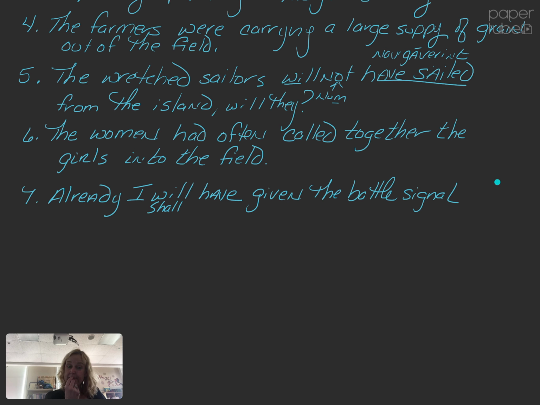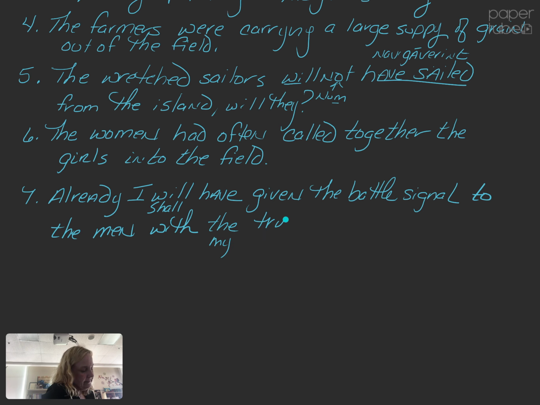I need a dative, indirect object. So I have 2 things I can choose from. Viris could be dative plural. Tuba, tuba's got to be ablative, right? It would have to be. So, to the men, tuba, ablative without a preposition, means or instrument. I'm going to use with the or my trumpet.